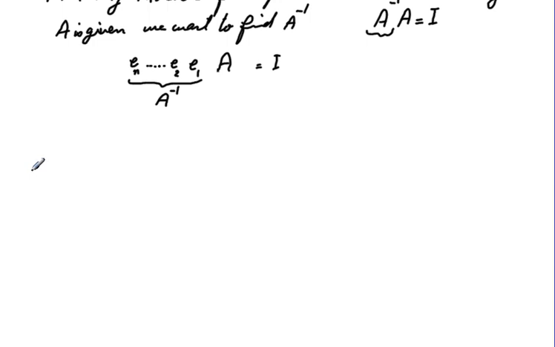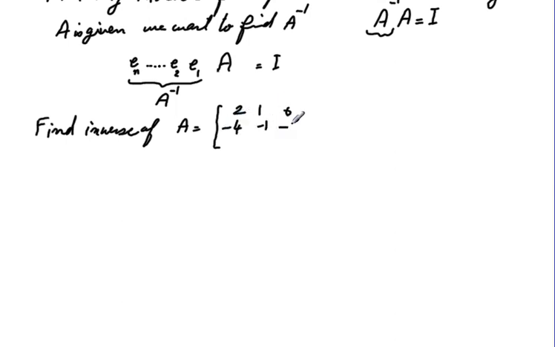Take an example from the text. It says find the inverse of a matrix that is given to us as 2, 1, 0, minus 4, minus 1, minus 3, 3, 1, 2. So that is the original matrix that we are given.